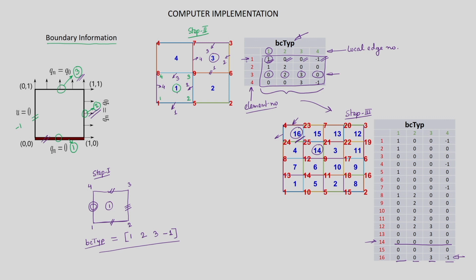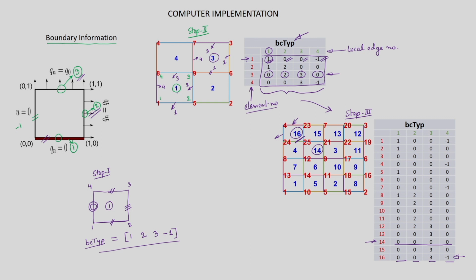Now, these three pieces of information you can construct manually for simplified domains, but for real life problems the domain is of complex shape. In that case we can take help of any commercial finite element software where we can build the CAD model and extract this set of information, maybe not exactly in this form, but you can find out how the software stores it by following the manual.